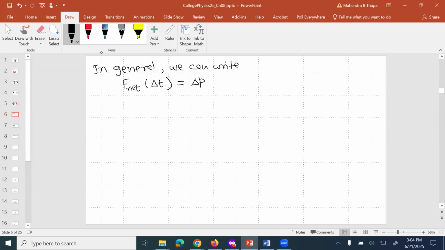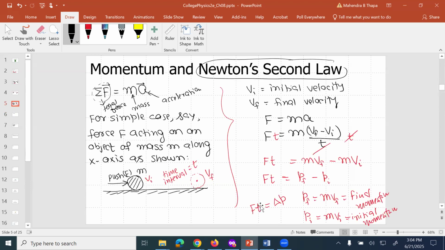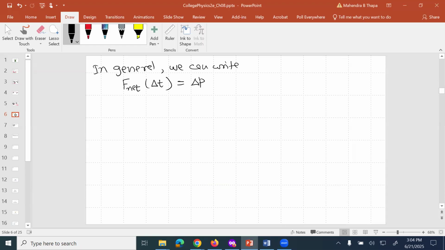So this gives the idea that F net times t, which is F times t here, we call impulse. The product of net force times the time interval is called the impulse.